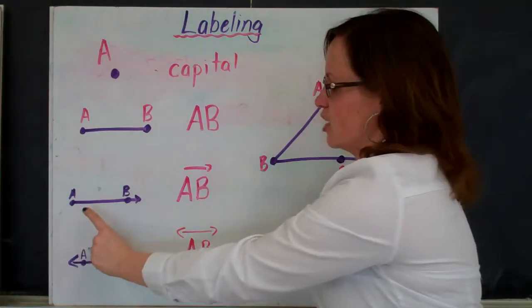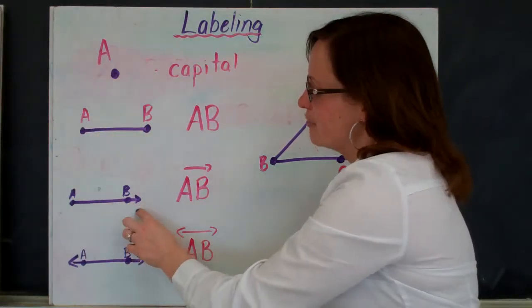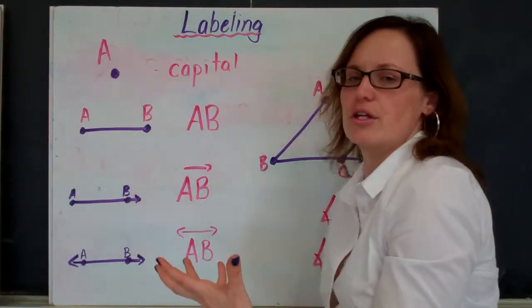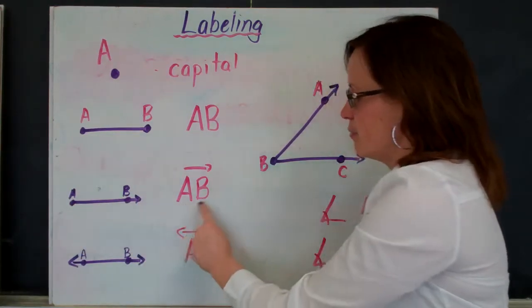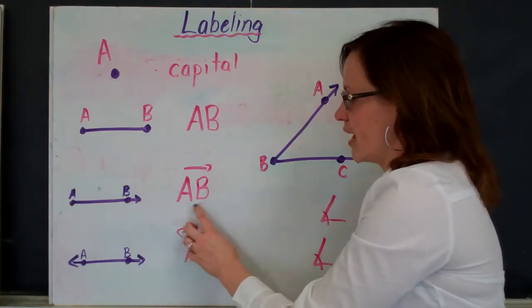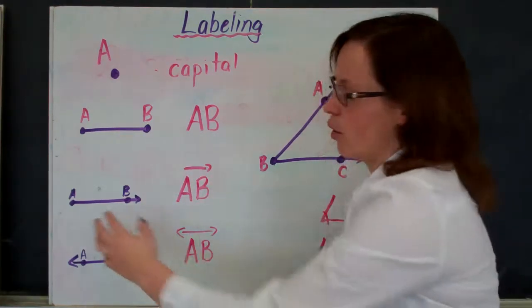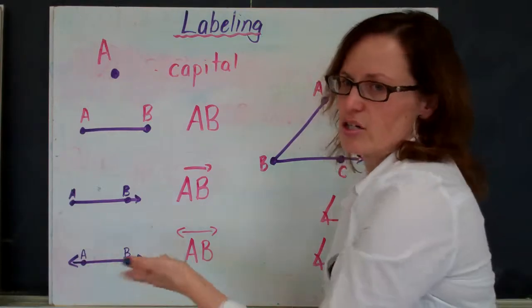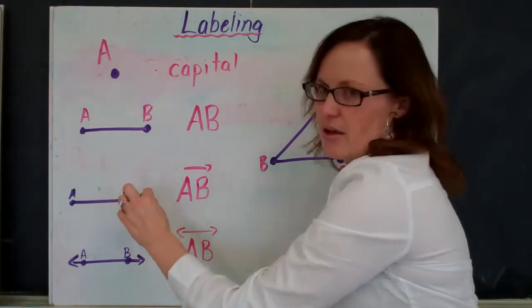For a ray, again, you have that starting point, and then you have that arrow that goes off in any direction. You have to have another point on the ray so that you can label it. So you have 2 points here, point A and point B, and you would write that out by saying AB with a little arrow over top. Now the arrow doesn't have to correspond with the direction that the ray is actually going in. If the arrow was there, you wouldn't have to turn this the other way.